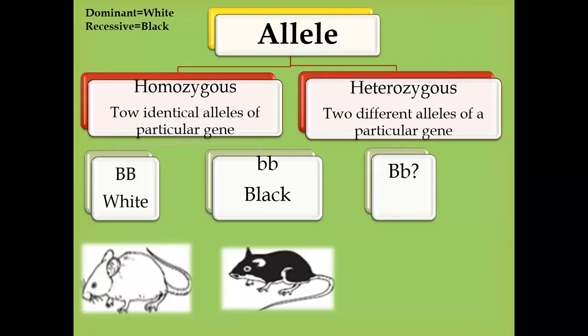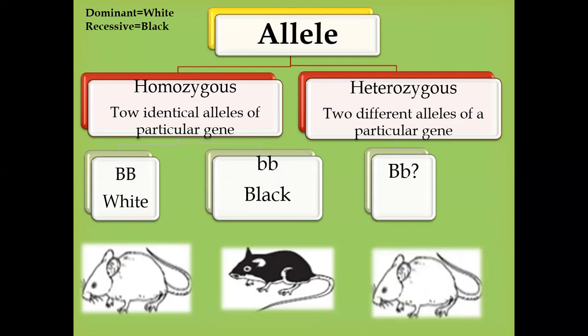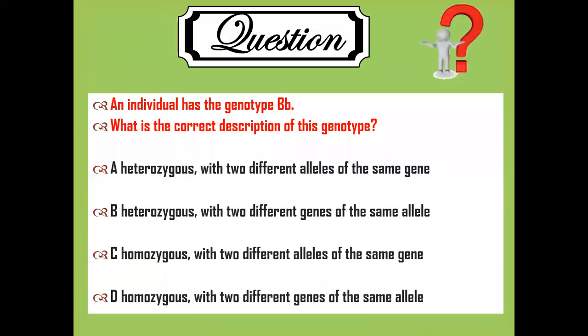So if there is a heterozygous condition, a capital B and lowercase b, what kind of color might appear? That is white color. The reason is that the capital B is present. So the dominant trait can express itself in the presence of the recessive, while the recessive will stay hidden in one generation. So that is the allelic relationship.